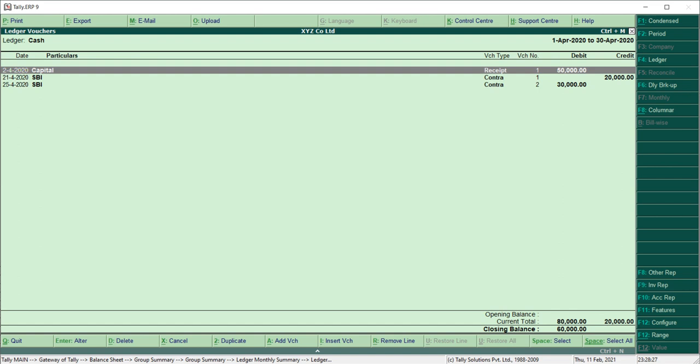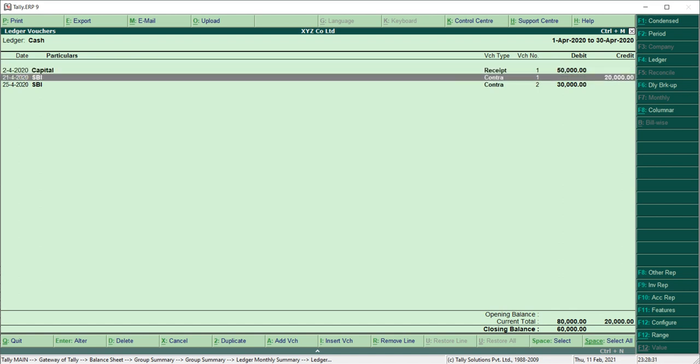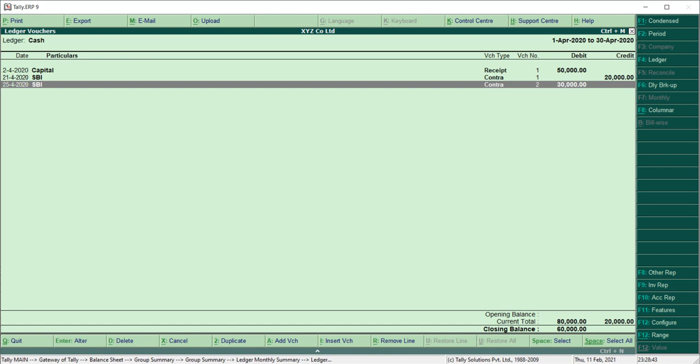Now, if you deposit 20,000 into your SBI account, your cash balance will decrease, your bank balance will increase. Similarly, for the business organization, the same thing is happening. When you withdraw cash from the bank, your cash balance will increase and the bank balance will decrease.